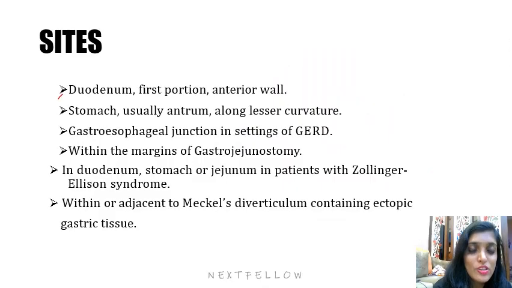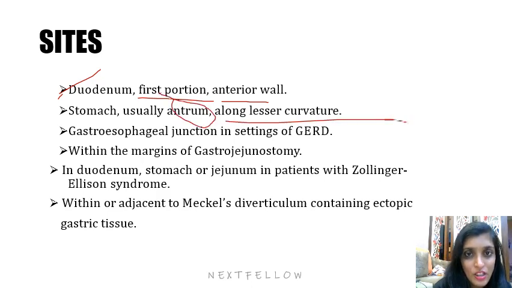Now coming to the sites of peptic ulcer disease, the most common is the duodenum, that is the first part along the anterior wall. Stomach, usually the antrum or along the gastric curvature. In the stomach, it is along the lesser curvature because the action of gastric juice is maximum in this area.